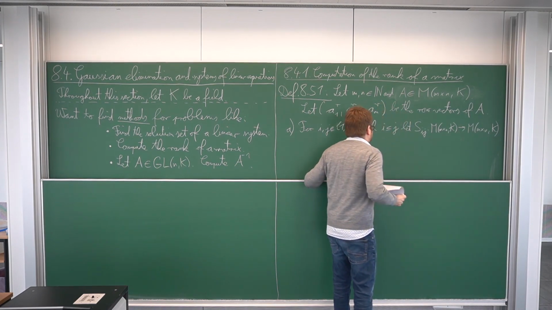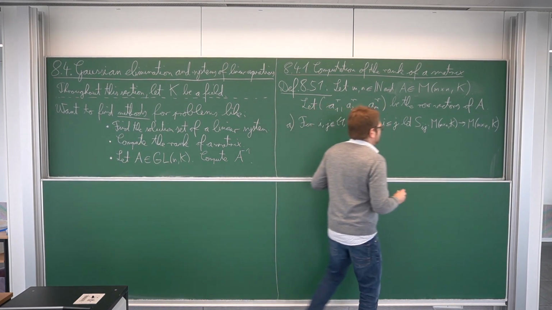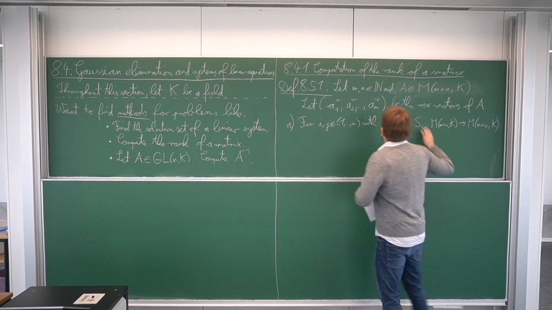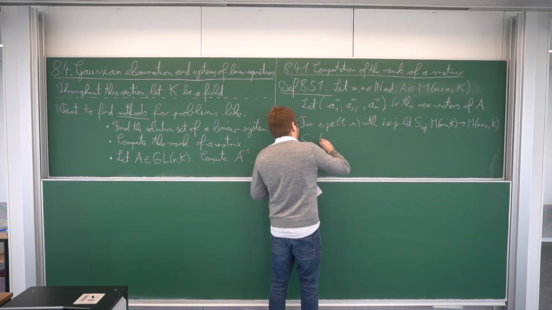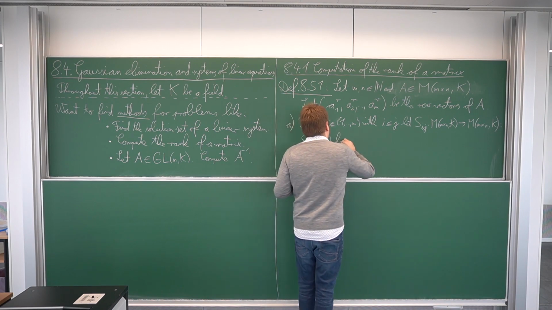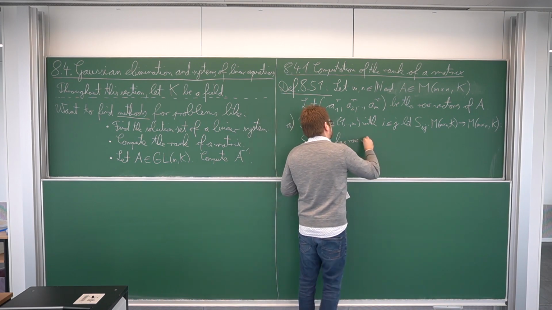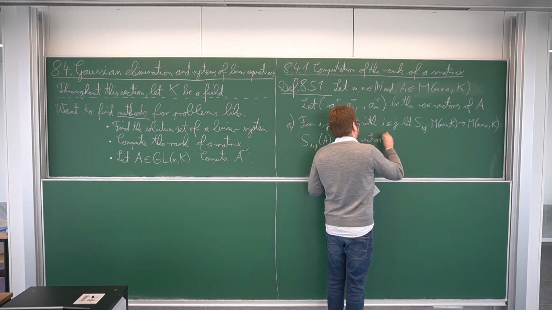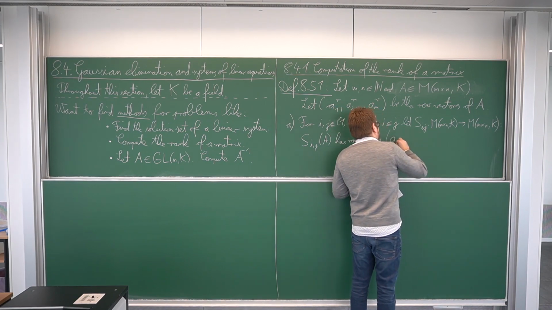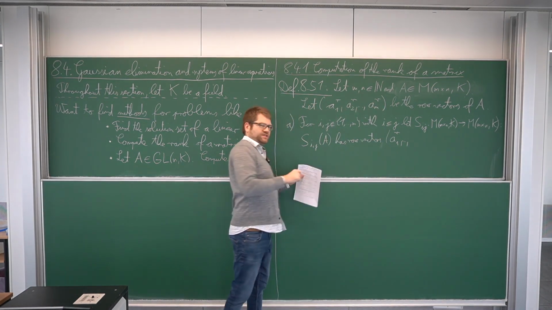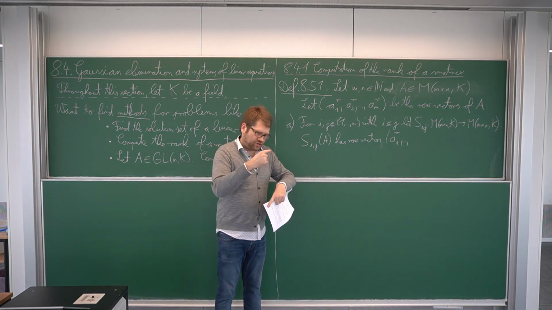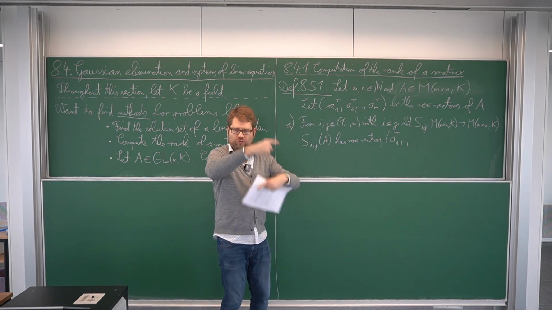And we define it in such a way that if A has these row vectors, Sij of A has the following row vectors. Almost the same, but we just change the order. Namely, we have an i and a j, and we just swap the ith and the jth one. So we kind of swap 2 rows. This is everything.